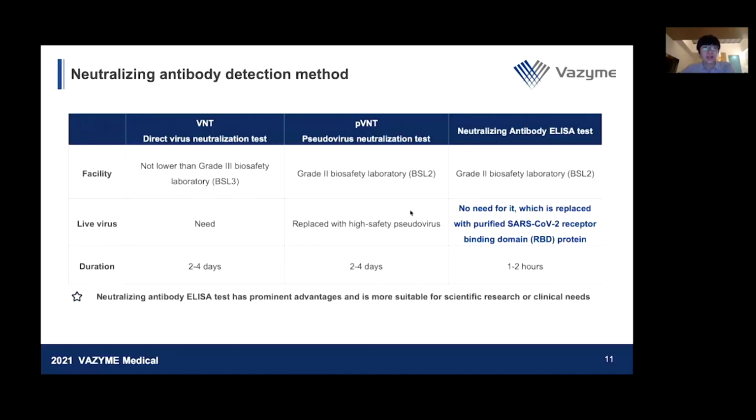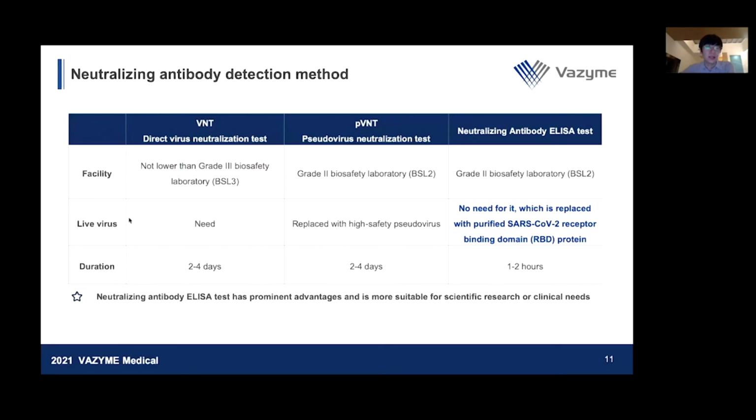So here is a summary of the advantages and disadvantages between these three methods. For sure, the VNT, or the live virus neutralization test, is the gold standard for studying the neutralizing antibody. But compared to the pseudovirus experiments or the ELISA, it requires the BSL-3 lab, and it needs to operate live virus.